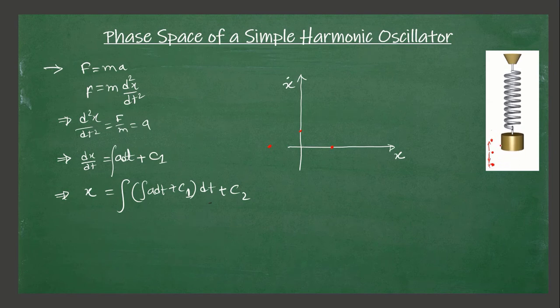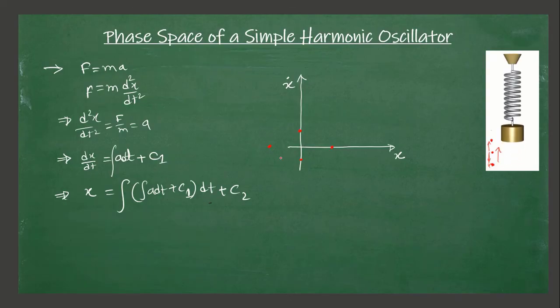This direction we are considering the positive direction, the downward direction. So when it is moving in this direction horizontally, we can say that the velocity is positive, which corresponds to this point. And when it is moving in this direction upward, we can say that the velocity is negative. That is, it corresponds to this point on the phase space. So these are the points that we could specify by visualizing this simple harmonic oscillation, right?